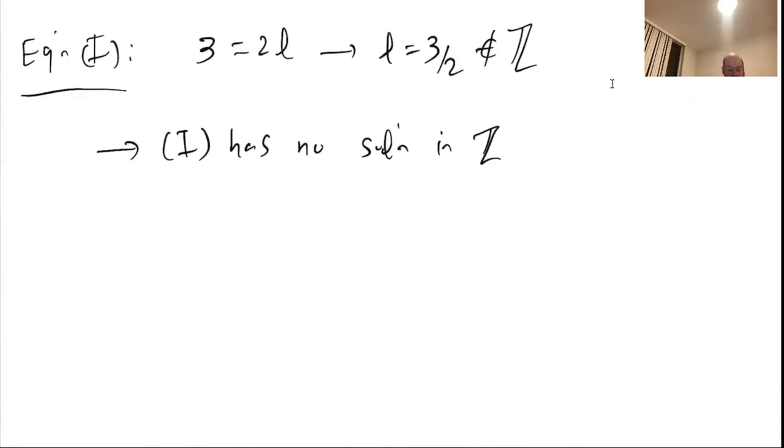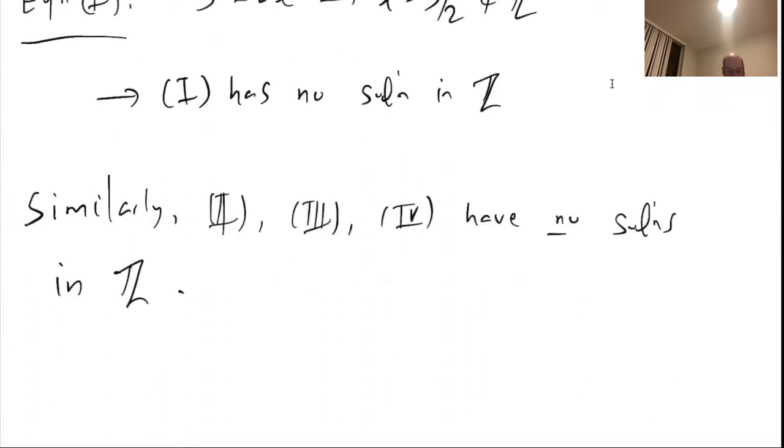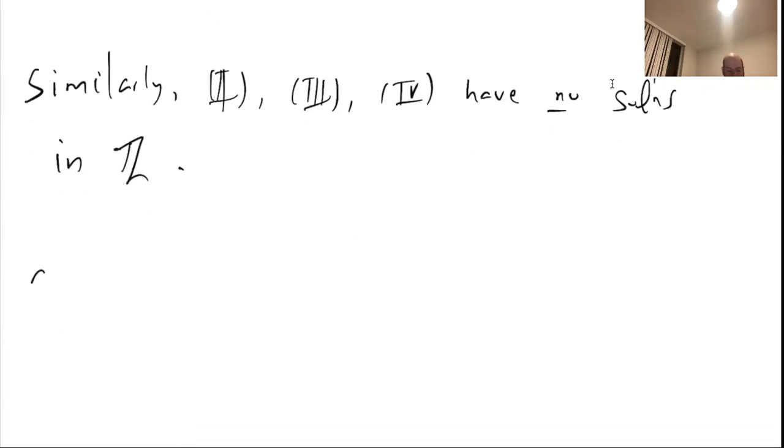Similarly, equations 2, 3, and 4, none of them have any solution in Z. So that's basically our contradiction.